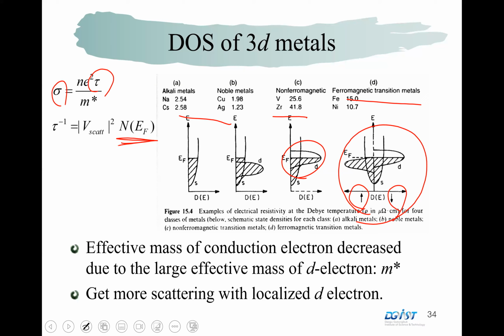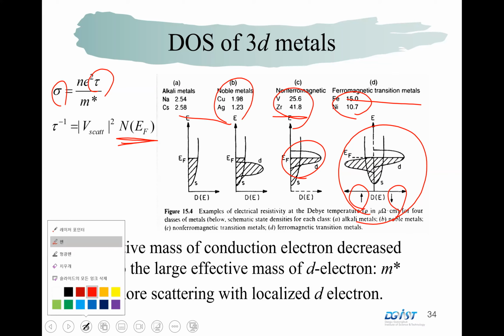So you can easily understand why the resistivity of these D-band materials is much larger than the noble metals. As you know, the conductivity of the noble metals, copper, silver, gold, is usually very high, right? Usually the conductivity of these noble metals or aluminum is very high because they have a filled s electron.